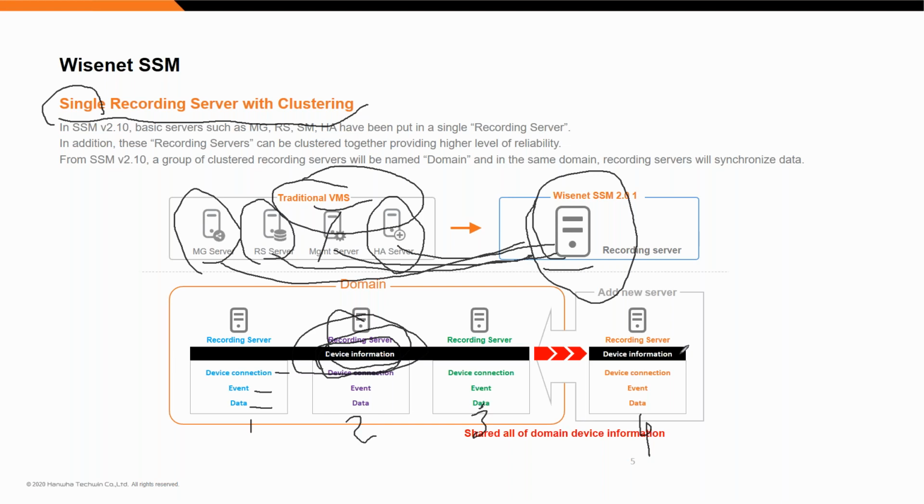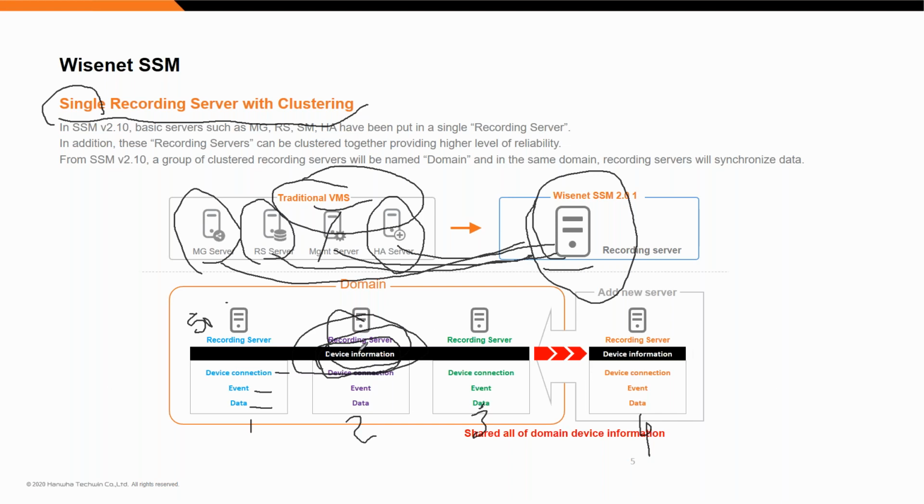Now, recording data: let's say the first server has 50 cameras, the actual recording will only be saved here, but which cameras are recording here, that database data is saved across all the servers.